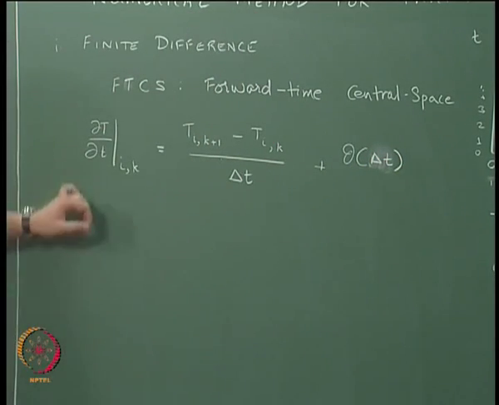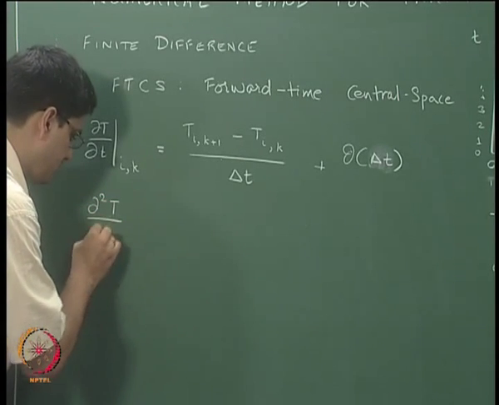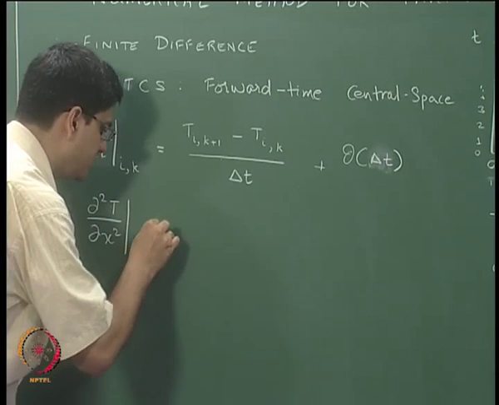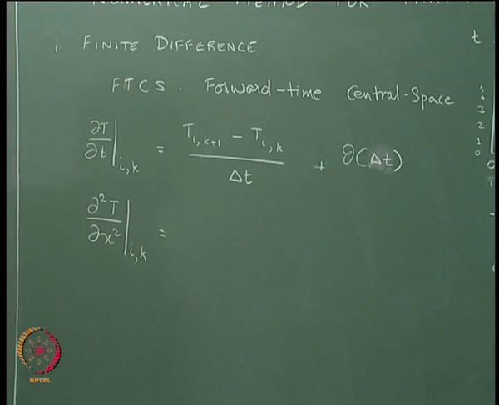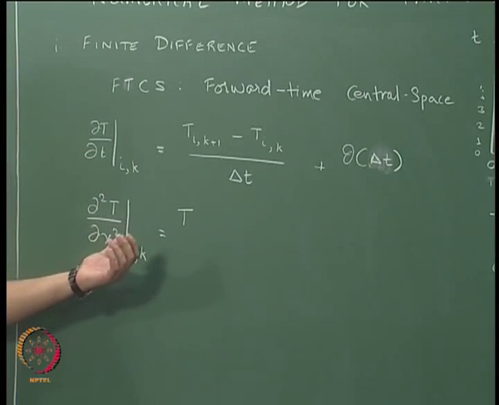Okay. And now we have partial squared T by partial x squared, again at location I, k, and we are going to represent this as the central difference in space.